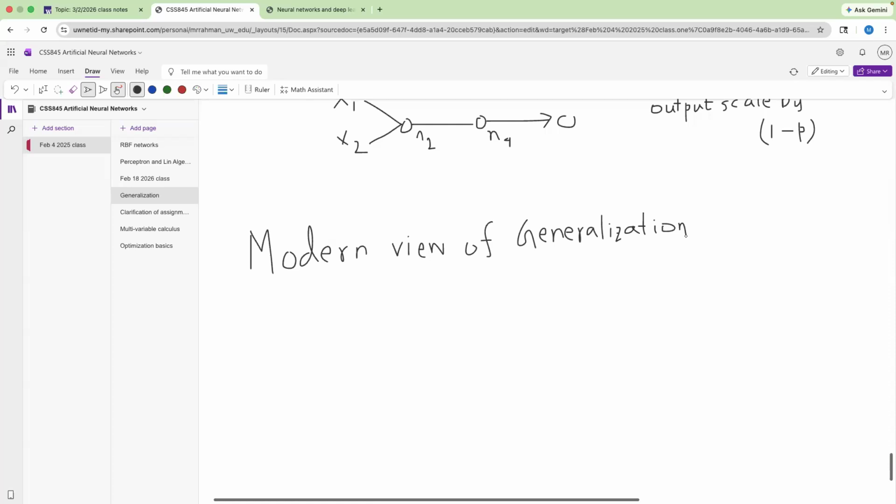So what's the idea? Let's think about this. We are all familiar with these modern large language models, right?